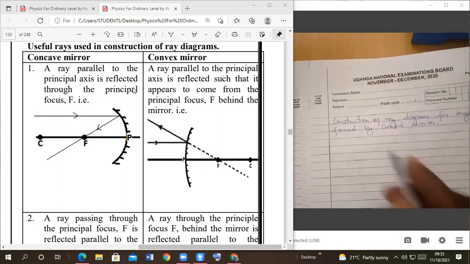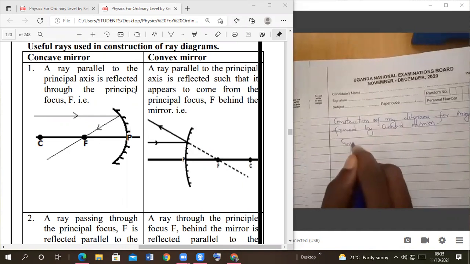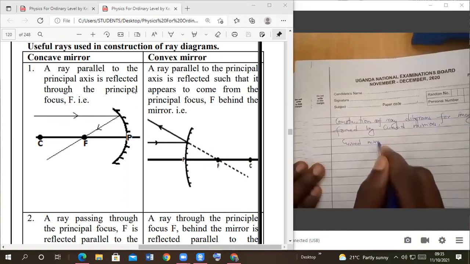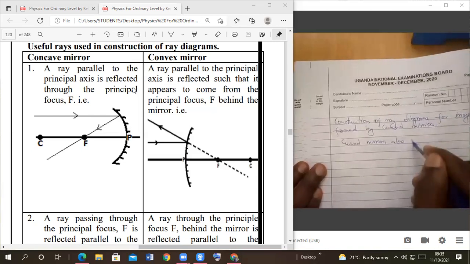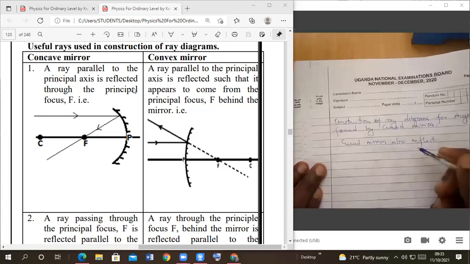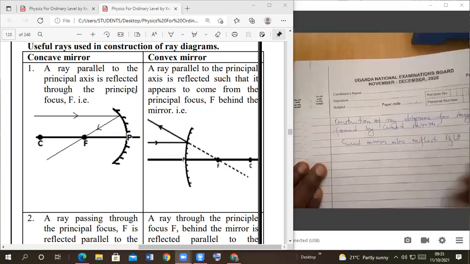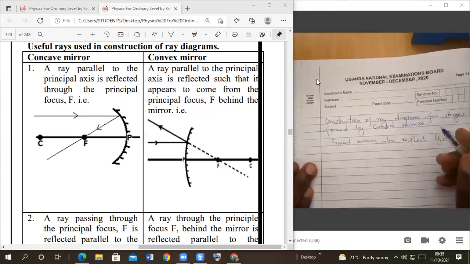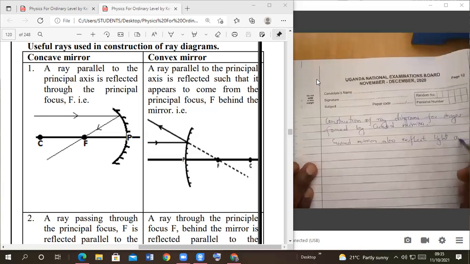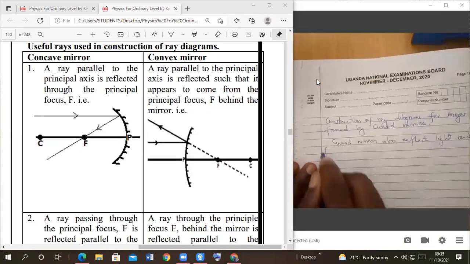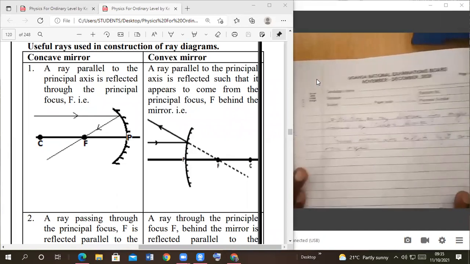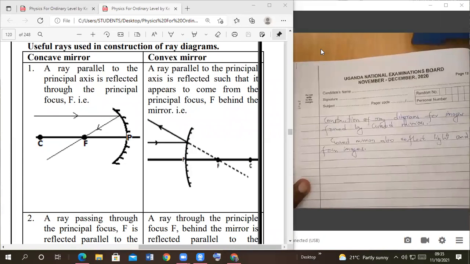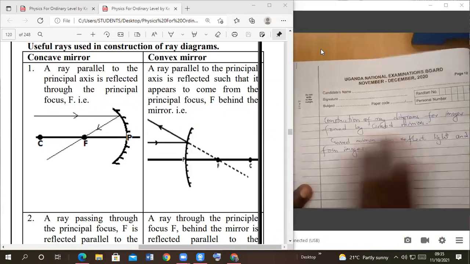Curved mirrors also reflect light and form images.